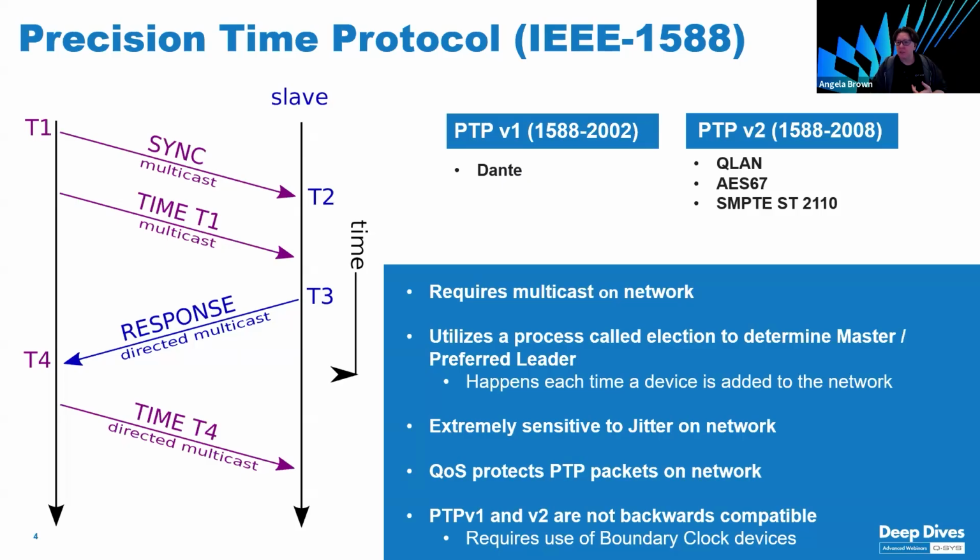PTP v2 is Q-LAN, AES67, and SMPTE ST 2110. There are a lot of others that fall into the two categories, but these are the ones we're most concerned about. You need multicast. One interesting thing about PTP v1 is that it is only multicast. PTP v2 uses multicast, but can also send unicast messages, which allows us to get communication between devices that isn't actual clocking communication.